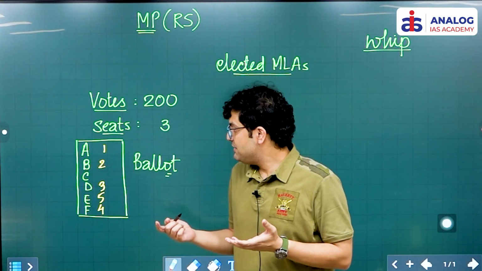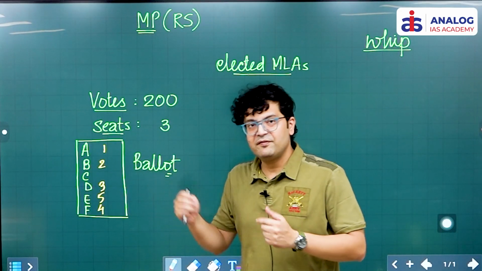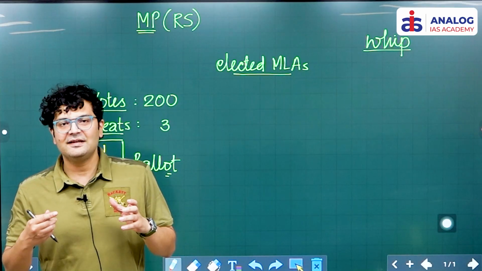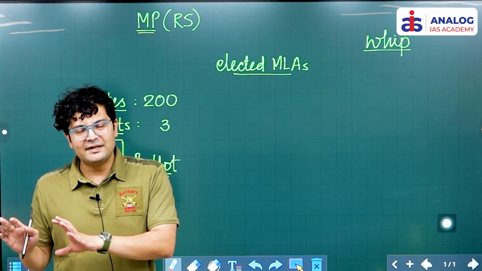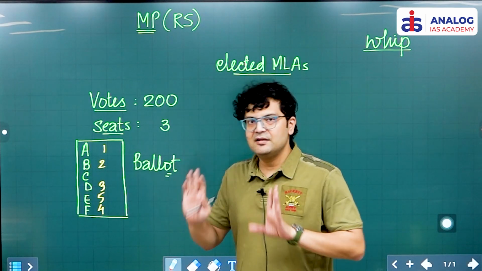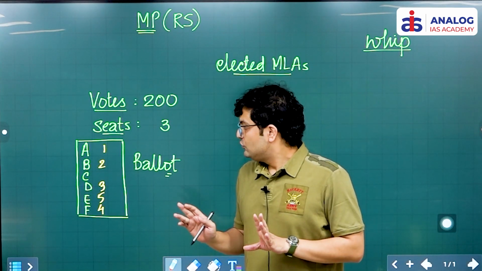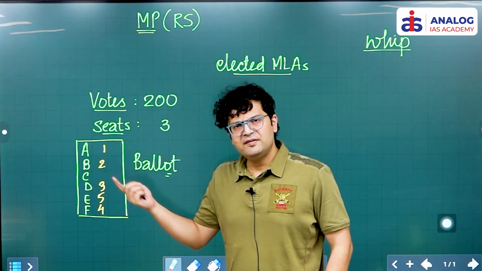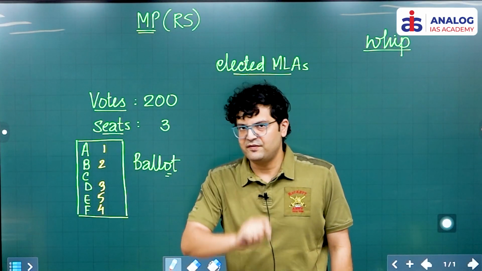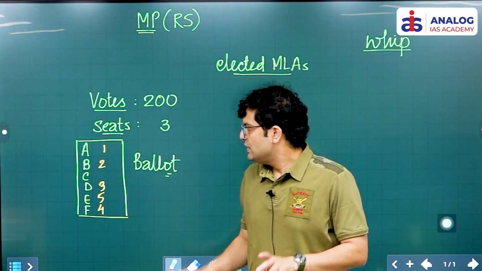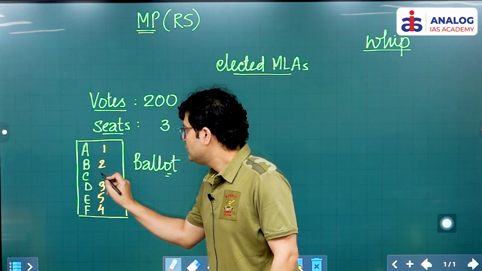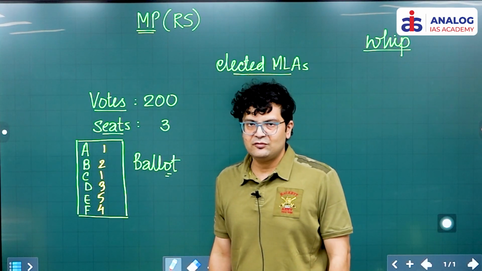Now, I may or may not mark all the preferences. In fact, in a lot of cases, the parties tell them, please don't mark too many preferences, just mark a single preference, right? So if you leave out some preferences, no problem at all, okay? But you have to mark the first preference. Beyond this, you cannot have 2 common preferences, meaning I can't mark 1-1 or 2-2, that's not possible.